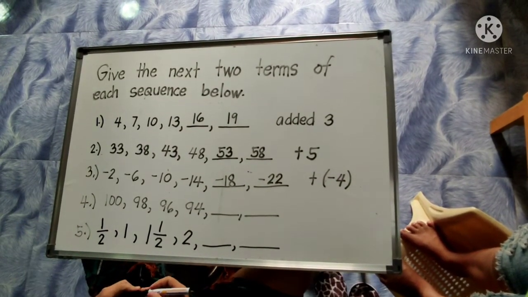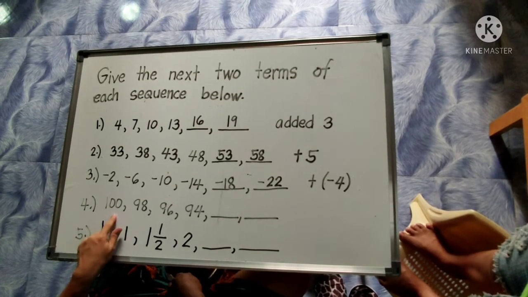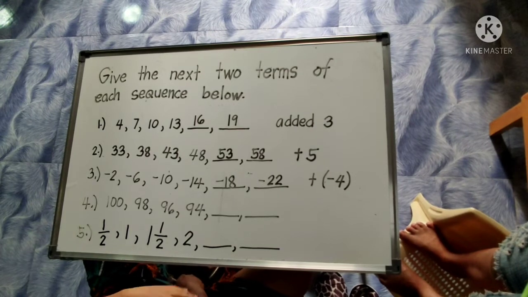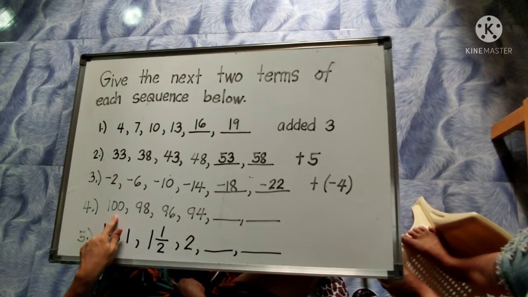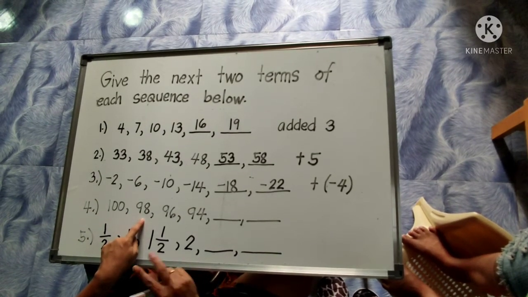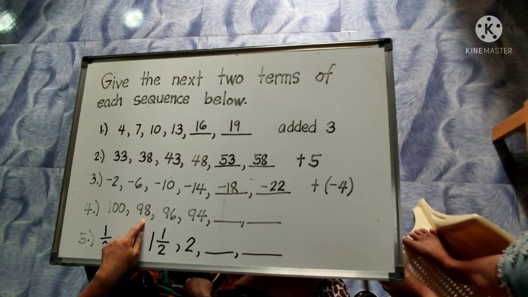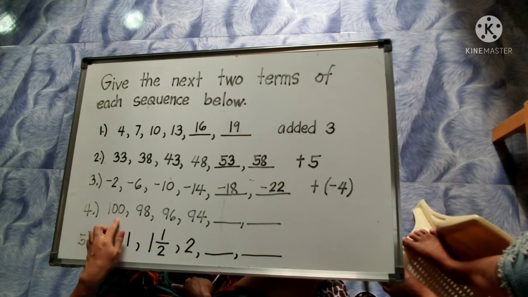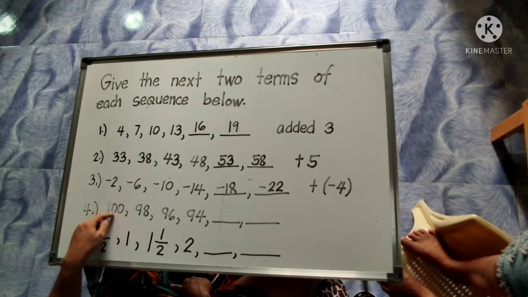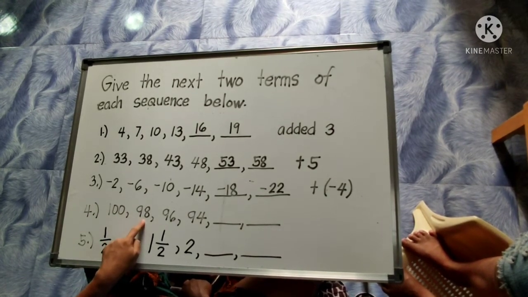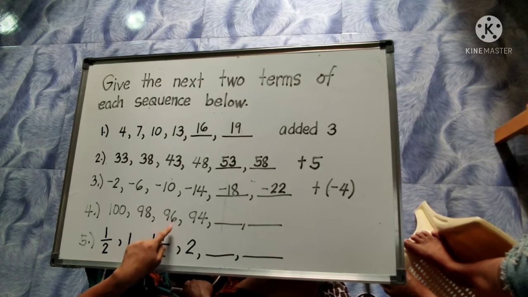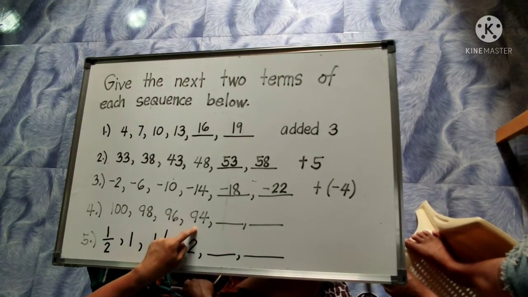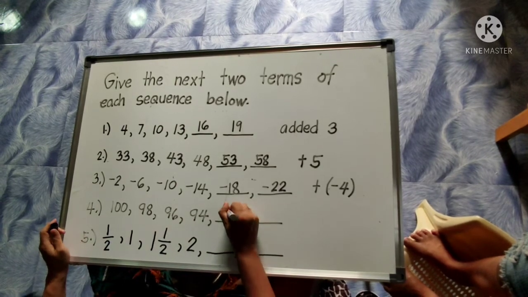Now let's proceed to number 4. 100, 98, 96, 94. Try to observe the pattern. 100 becomes 98. There is a decrease of 2, meaning we subtracted 2 from the preceding term. 100 minus 2 is 98. 98 minus 2 is 96. 96 minus 2 is 94. 94 minus 2 is 92.